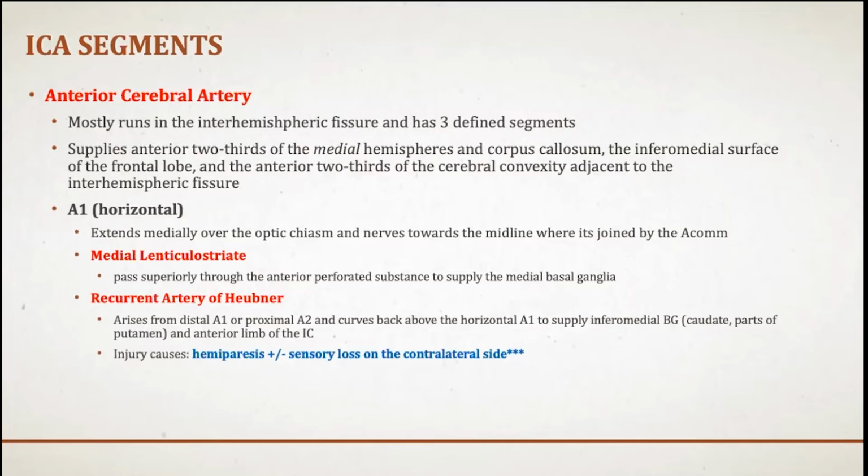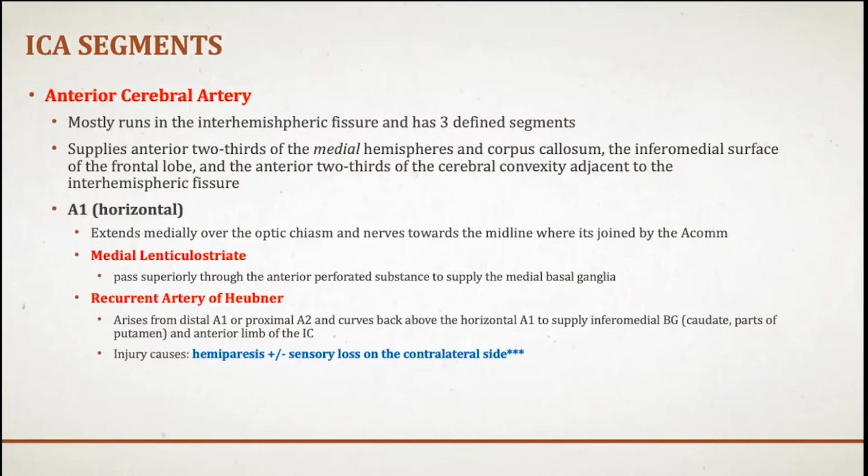So the A1 segment has a couple of branches. There's the medial lenticulostriate branches, and these pass superiorly through the anterior perforated substance, and they supply the medial basal ganglia. And the other big branch that you have to remember from the A1, most of the time it comes off from the distal A1, but it can come off the A2 as well, is the recurrent artery of Heubner.